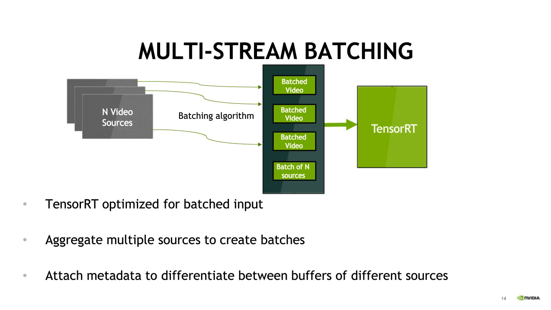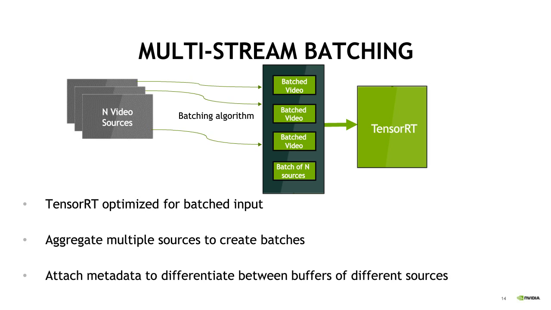It's also important to attach metadata to differentiate between buffers of different sources and that the relationship is maintained when moving between the various plugins. By creating a contiguous buffer for batched operations, it also helps parallelize other functions like conversion, scaling, and on-screen display.